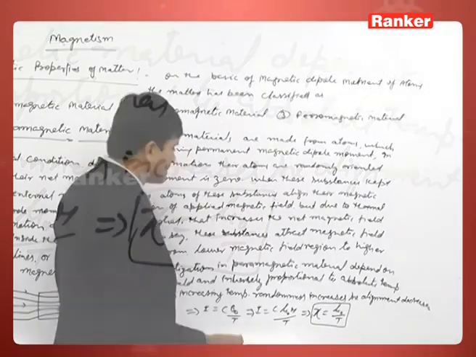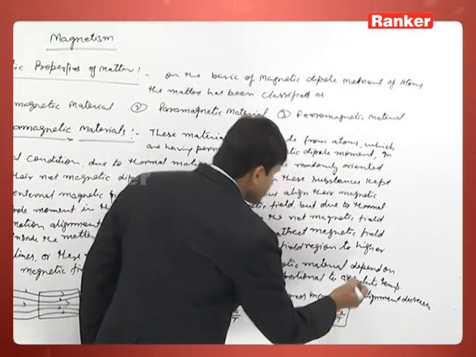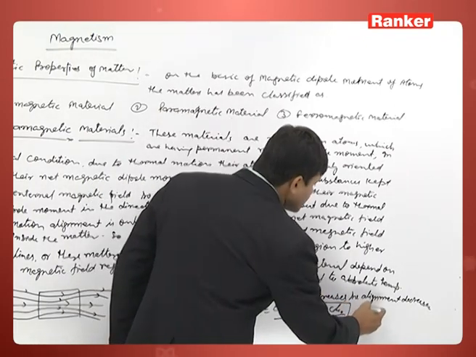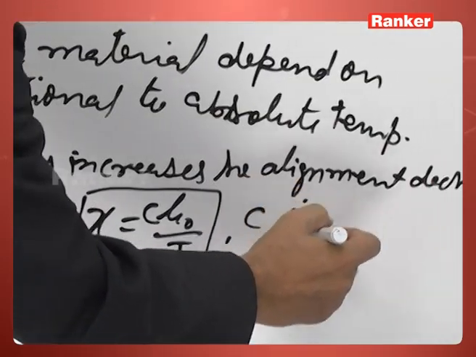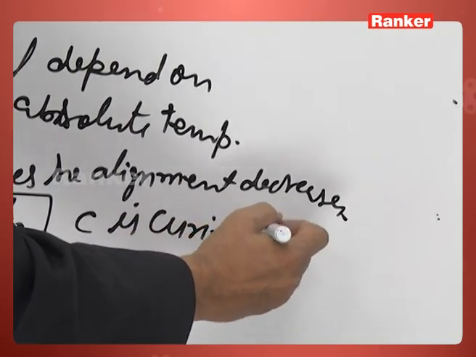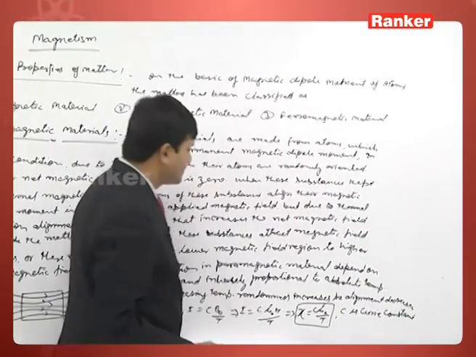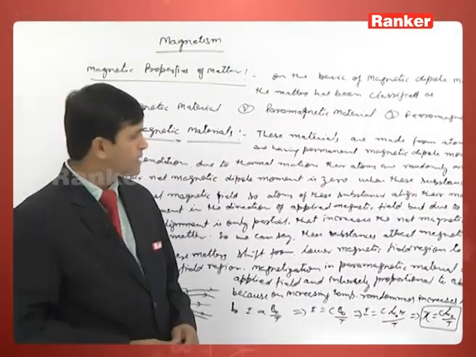where susceptibility is equal to C into mu naught by T, where C is the Curie constant. So from here we can get one relation.